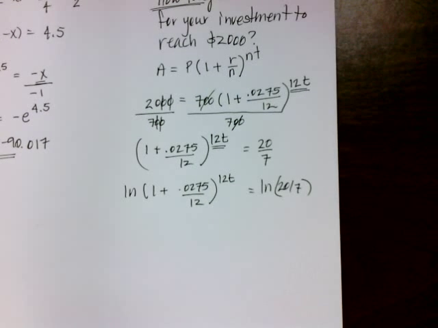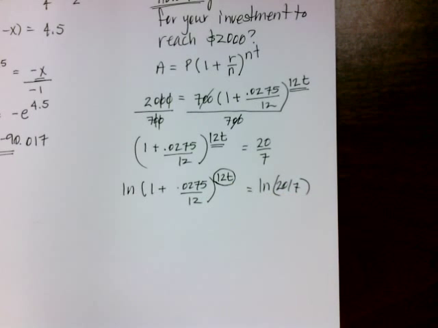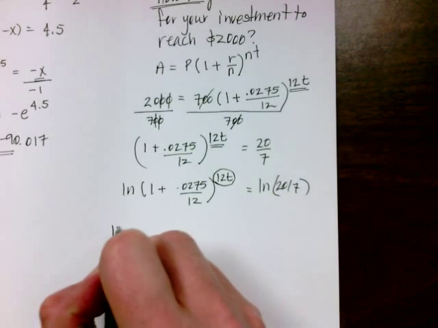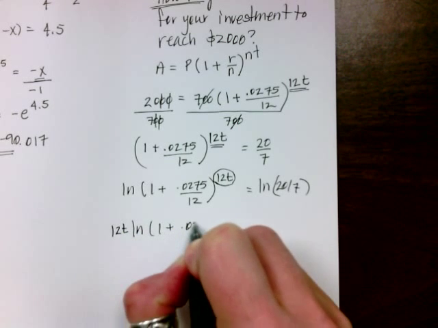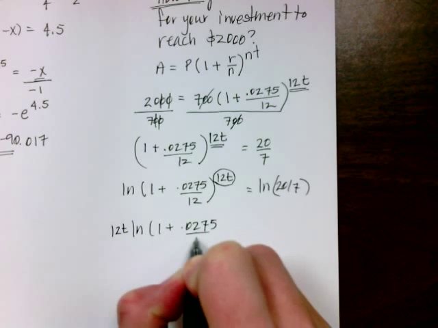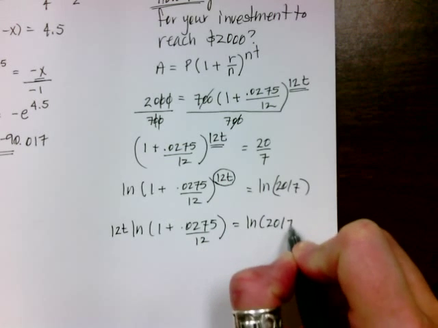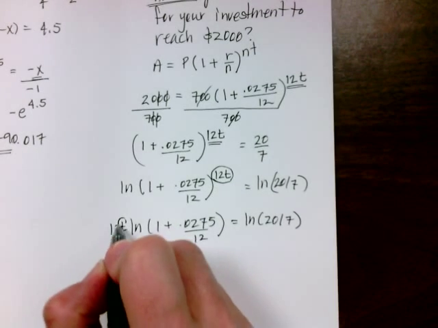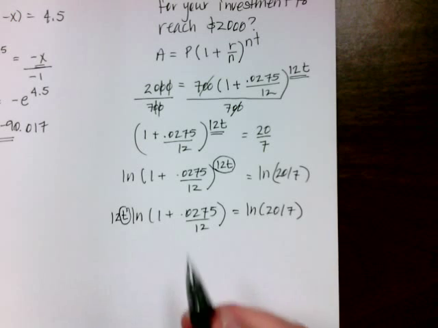And again, I'm not going to use my calculator yet. This is my exponent, so it goes out front. So I'm going to do 12t natural log 1 plus 0.0275 divided by 12, and notice again, I'm still not using my calculator. I'm still trying to solve for t, so I'm going to divide this whole side by this mess.